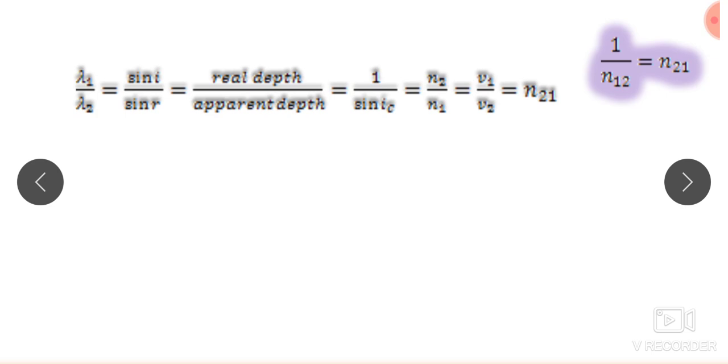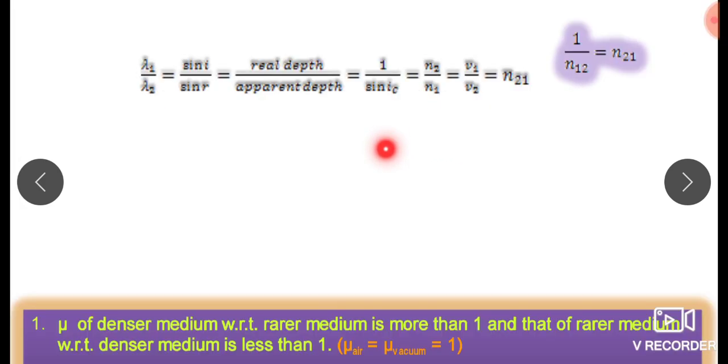Then the refractive index of the second medium with respect to the first medium, n2 by n1, is the velocity of the first medium by the velocity of the second medium. Next, we have 1 by sin of the critical angle, real depth by apparent depth, sin i by sin r, and lambda 1 by lambda 2.